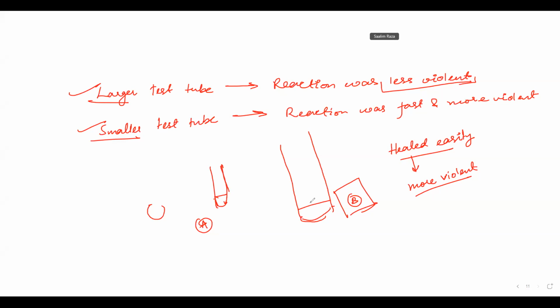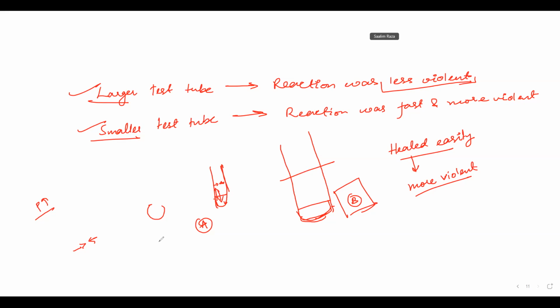Is this not logical, that you have two test tubes of the same size? If you are having the same amount, then here the area is compact. Now the molecules will have closer proximity, and they can hit each other very easily. And if you have a smaller container, the pressure will also be high rather than if you have the larger volume.